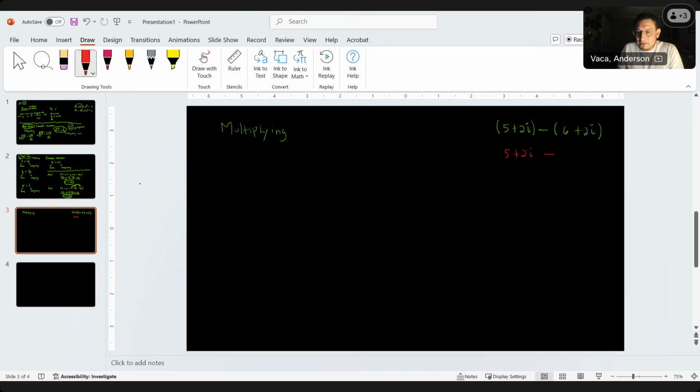I've yet to see it like that, because we need to tell the audience that this is one complex number and this is the other complex number. Does that make sense or no? Okay, awesome. All right, let me go ahead and erase this.